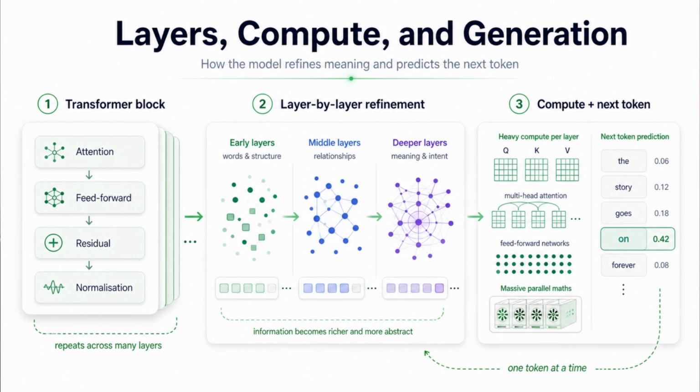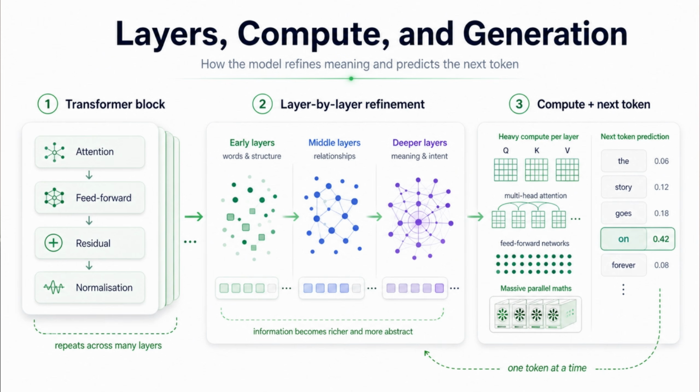So inside a transformer, the input passes through many layers. You can think of each layer as a processing block. Now, in each block, the model first uses attention to understand the relationship between the tokens. Then it uses another processing step called a feed forward network to refine the information.